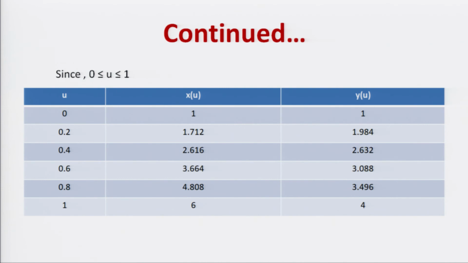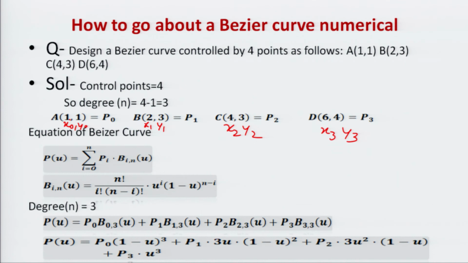Now with this graph we can draw that graph, but here we can see the points in question. The question was P naught anchor points were 1 comma 1 and 6 comma 4, and these handles were 2 comma 3 and 4 comma 3.